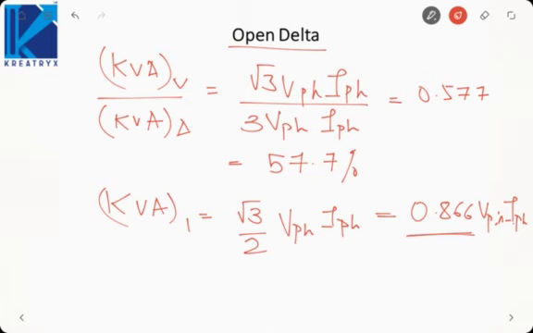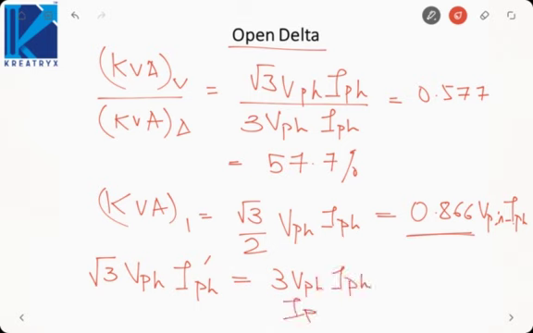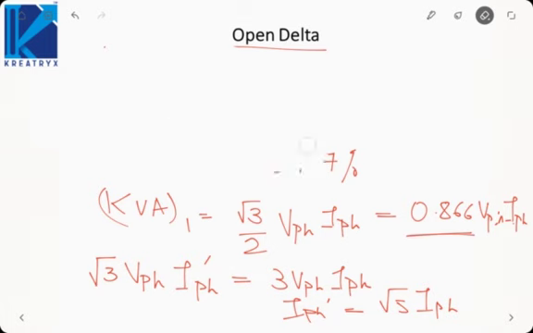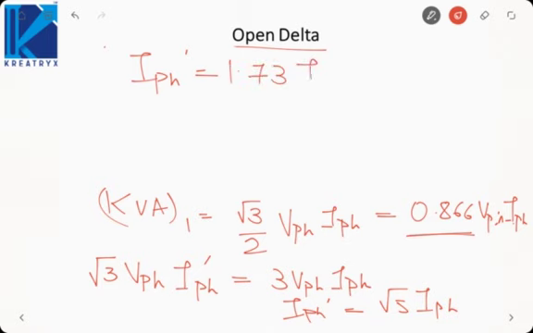Okay. But if you need to deliver the same power as the delta delta connection, how much current will we require? I am saying we need to deliver the same power as the delta delta type of connection. It implies I phase dash will be root 3 I phase, that is, 1.73 times I phase.